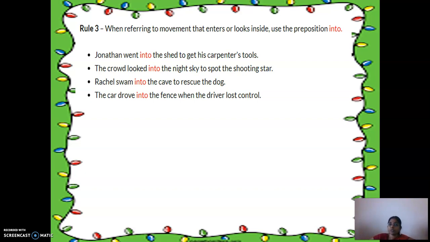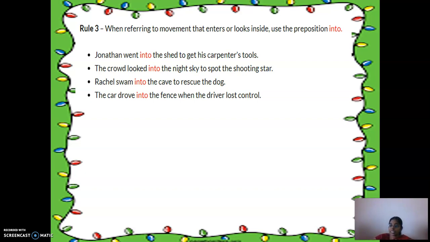When referring to the movement, now itself I gave a clue. So tell me the answer. Right? Very good. When referring to the movement that enters in or looks inside, we use the preposition into.